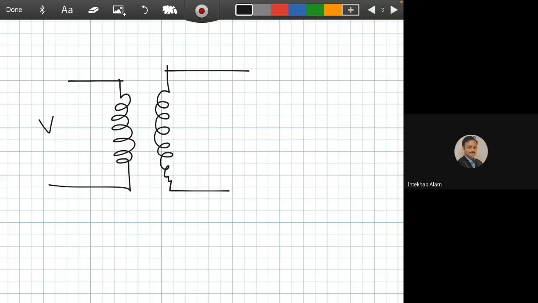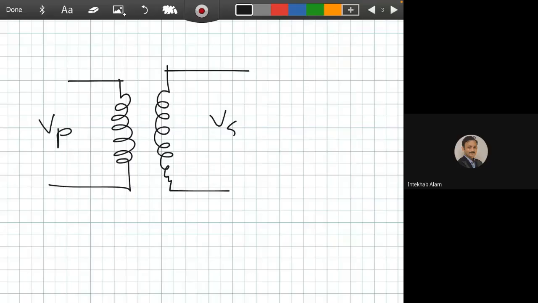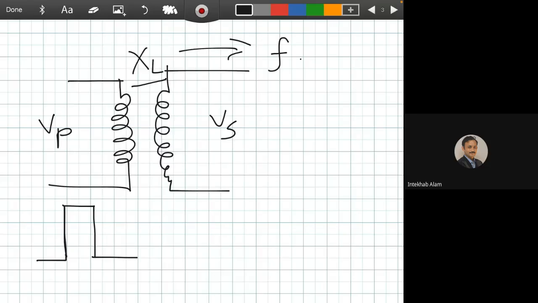So this is Vp and this is Vs. Whenever we give some input here, this is an inductive load, so XL is a function of F, and we can write XL equals 2 pi FL.